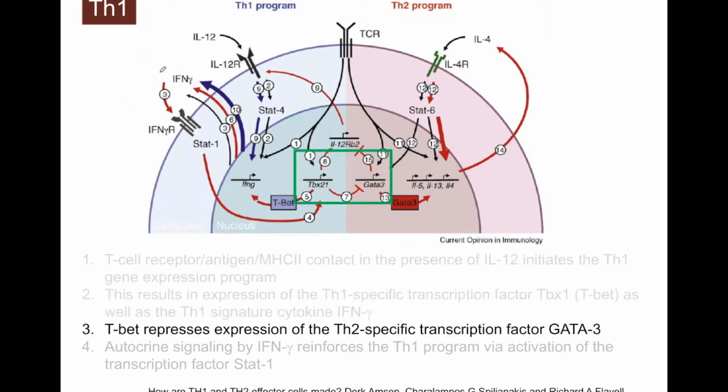Interestingly, what also happens is that the interleukin 12 dependent production of TBX1 in the presence of interferon gamma now inhibits GATA3, which is a Th2 specific transcription factor. So if we have a naive T cell, it is of course undifferentiated, and it can differentiate into any one of the CD4 positive lineages.